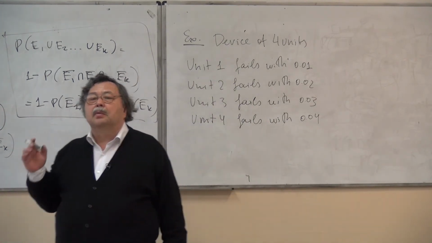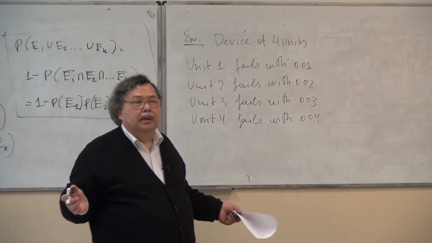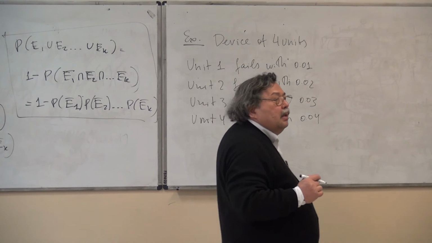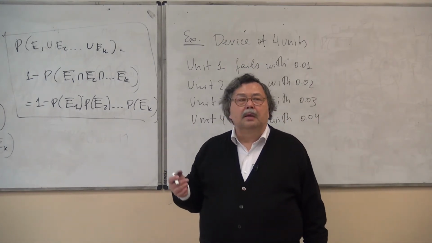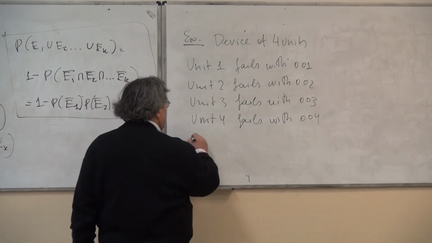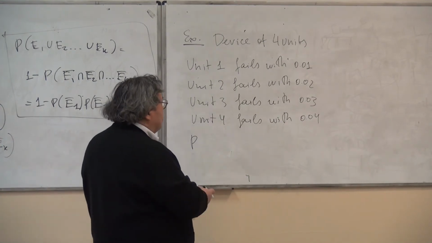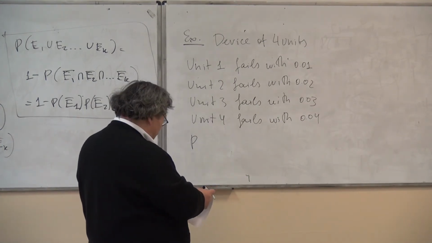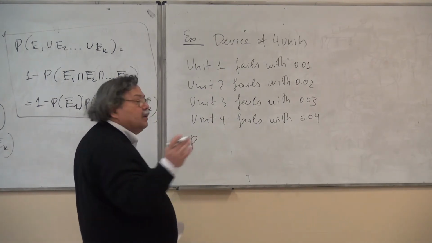If at least one of them fails, the whole device is out of operation. The question is this: what's the probability that the whole device will not fail within 1 year? Okay, it's not important.